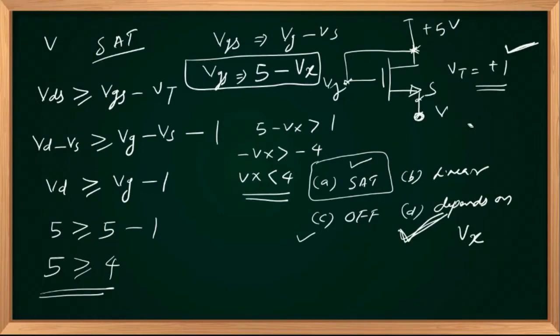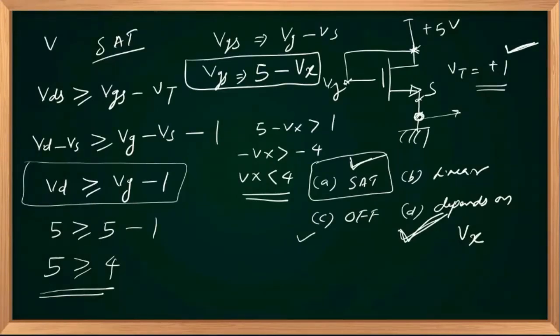If source is grounded or Vx equal to 0, then also your option was correct. You can go for saturation. If it is a general variable Vx, that will not depend on your saturation or linear condition, that is independent of Vx, that is true. But Vx should be such that, or source voltage is such that, that should turn on the transistor, right?